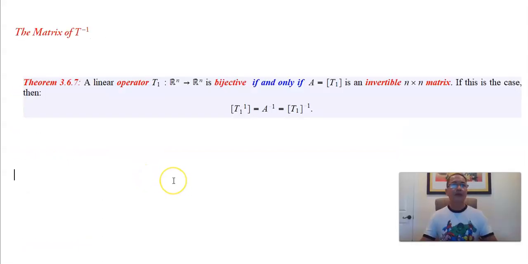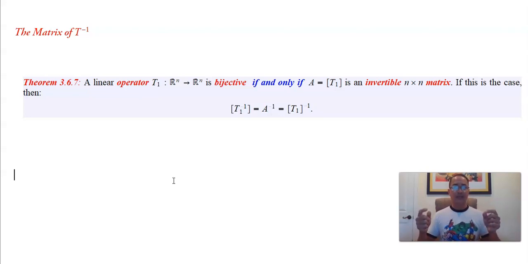Okay, so for our final theorem, let's tie everything together. So recap. When is an operator bijective? It is both 1-to-1 and onto, if and only if it has an inverse operator. So we have this operator T inverse. How do we know when a matrix A is invertible? Well, the corresponding operator has to be bijective, both 1-to-1 and onto.